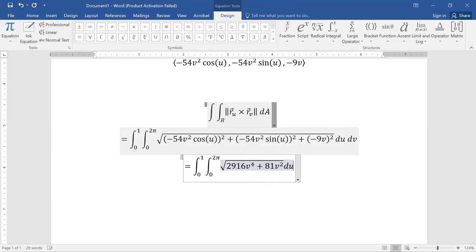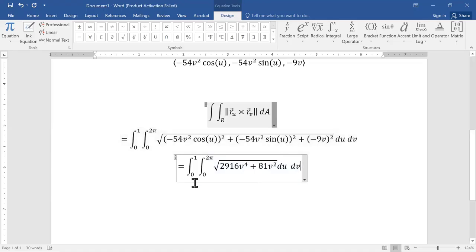And you're going to integrate with respect to u and then with respect to v. By the way, if you integrate with respect to u, this is all just a constant. So you get 2 pi times this square root.